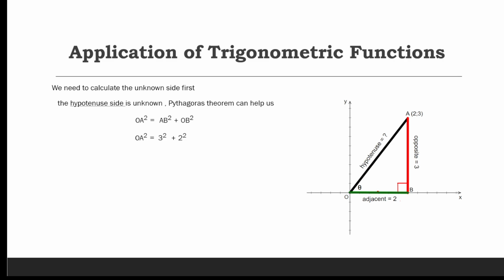OA squared would equal 3 squared plus 2 squared when you substitute the given values for AB and OB. So OA squared equals 9 plus 4 when we apply our knowledge of exponents. As a result, OA squared equals 13, and then OA equals root 13. Therefore, the hypotenuse side is root 13 units.